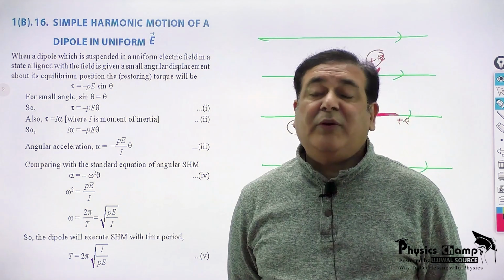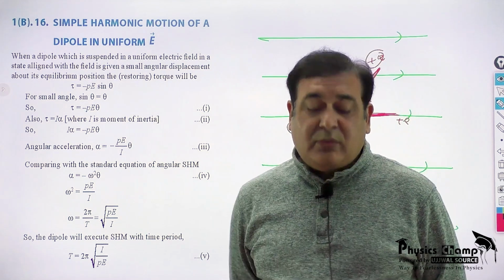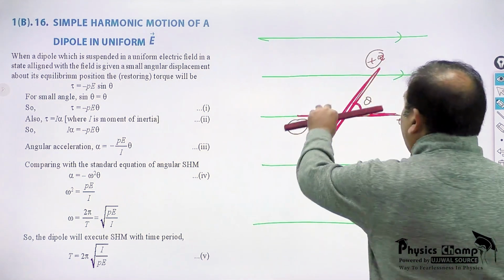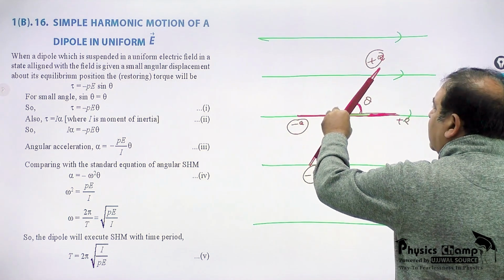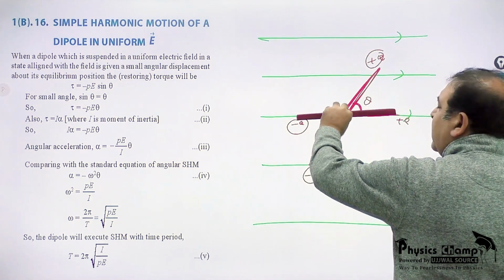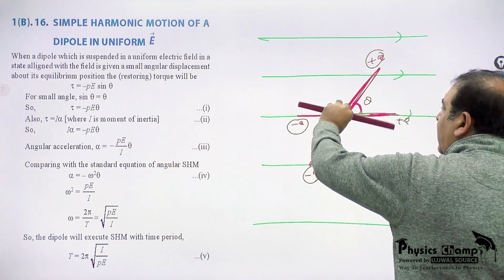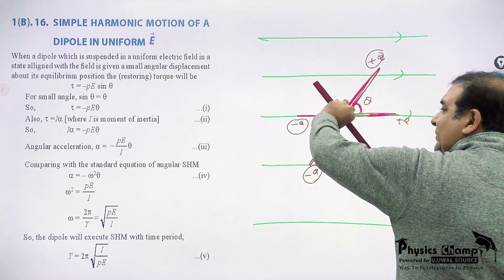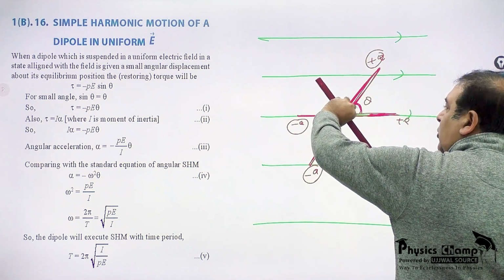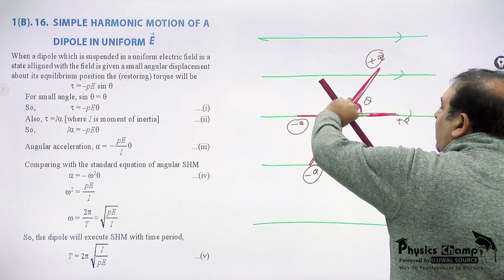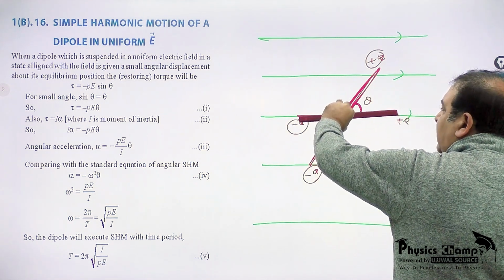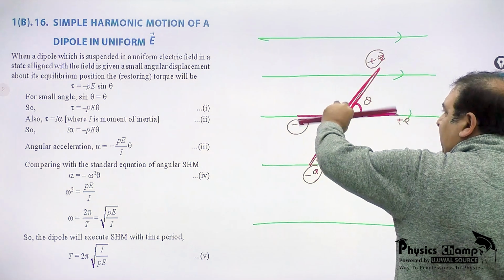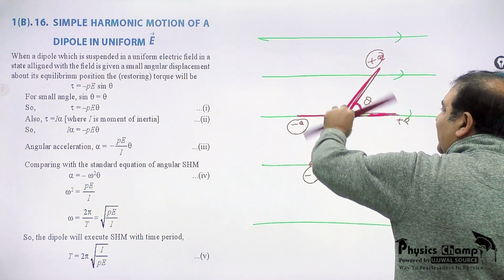I displace it by an angle theta and I release it, then it will be brought back by the system, but it will not stop here, it will cross it. Again, the restoring torque will first stop it and bring it back, but because of inertia it will cross it and thus it will do simple harmonic motion.